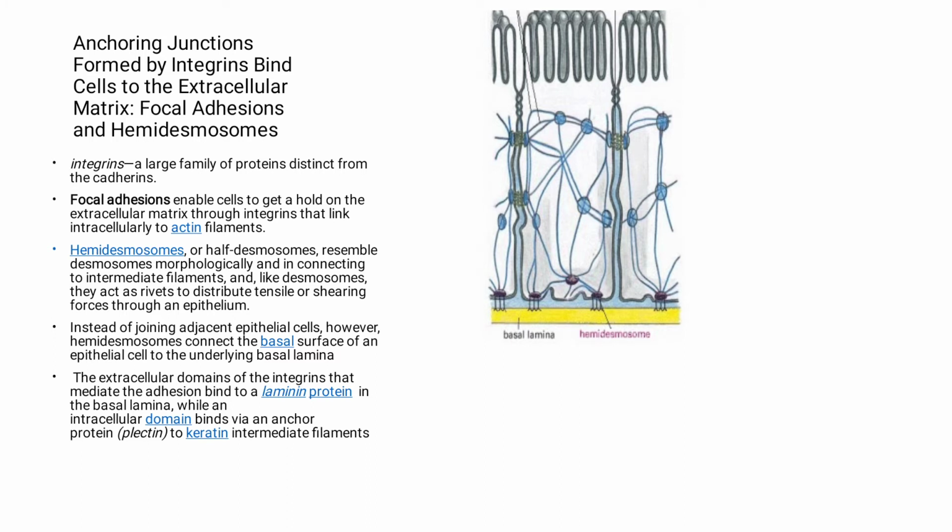So this figure showing here is the desmosomes and hemidesmosomes, and their distribution in epithelial cells of the small intestine. The keratin intermediate filament networks of adjacent cells are indirectly connected to one another through desmosomes, and to the basal lamina through hemidesmosomes.